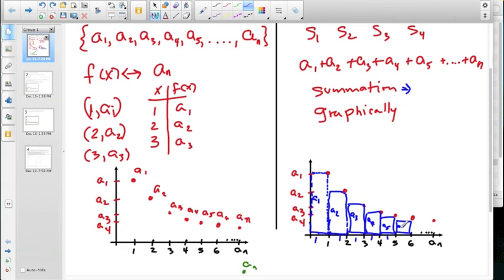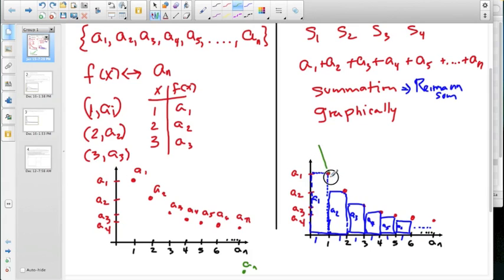And of course, whenever we add up rectangles in calculus, we're talking about a Riemann sum. And so for this Riemann sum, as we continue to go on, we're looking at a Riemann sum that ends up being a right Riemann sum.